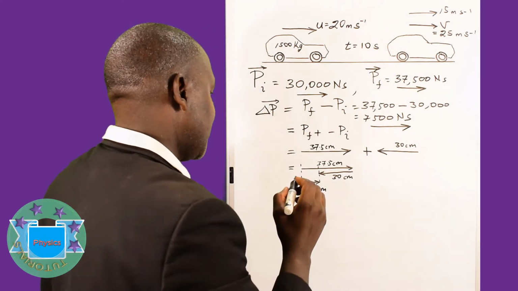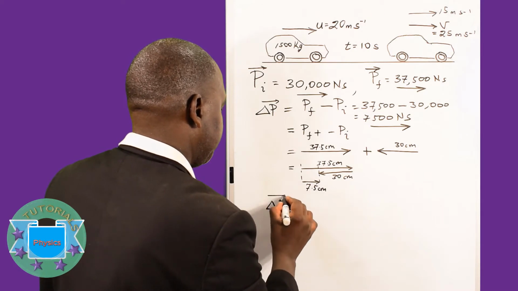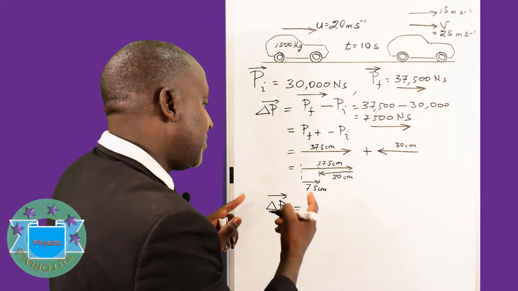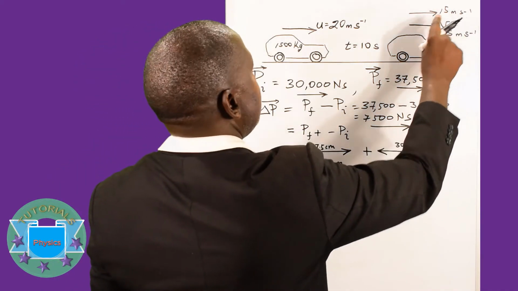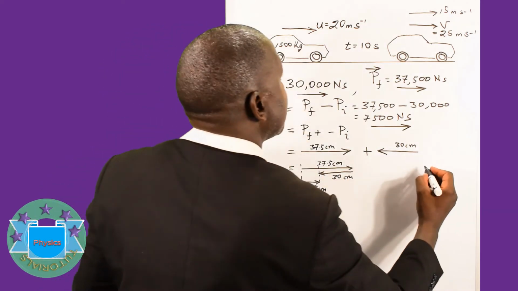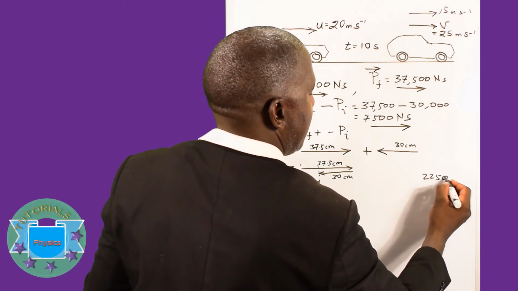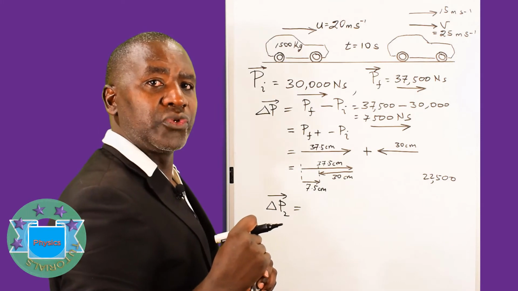You find that the second change in momentum will be the final momentum, which will be 15 times this one here. And I think 15 times 15 gives me 22,500 Newton seconds.